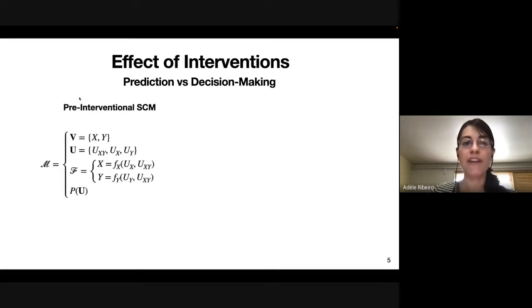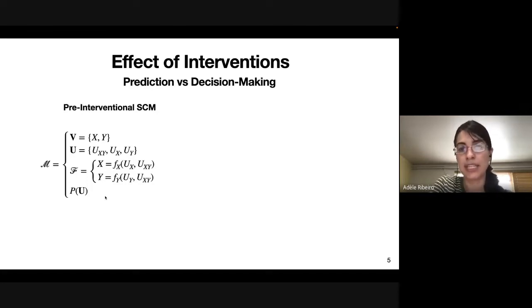So again, we have this underlying structural causal model. When we consider the model without performing any intervention, as when we are collecting data in these observational studies, we are collecting data from this pre-interventional structural causal model.